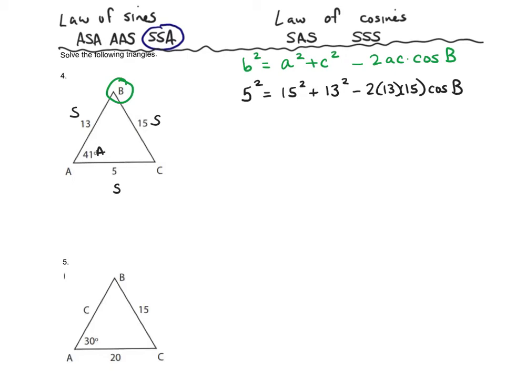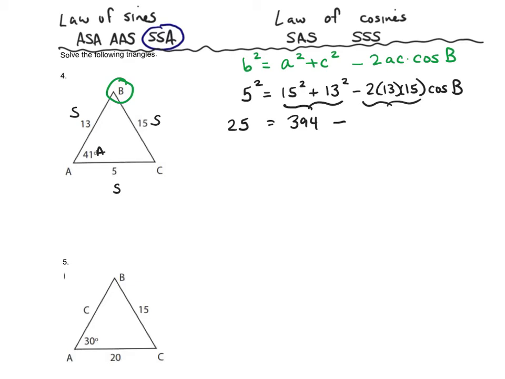And so our goal is just going to be to solve for cosine B. So we know 5 squared is 25, and then we do this in chunks. We'll do the 15 squared plus 13 squared. So 15 squared is 225, and 13 squared is 169, so that's 394. And then we'll just do the next chunk, which is the 2 times 13 times 15.